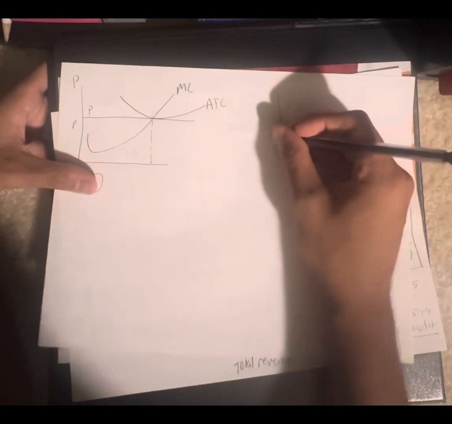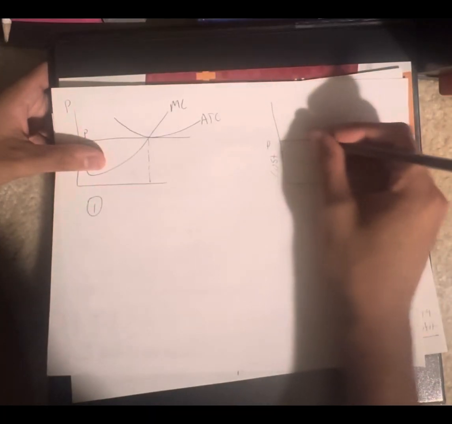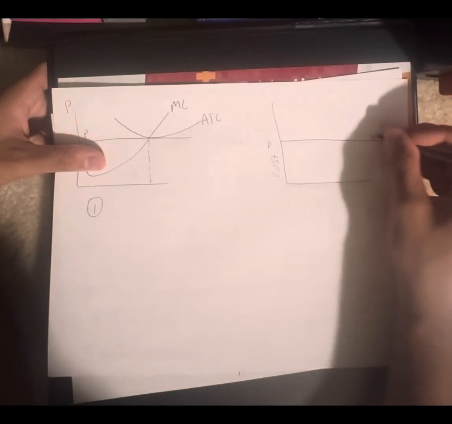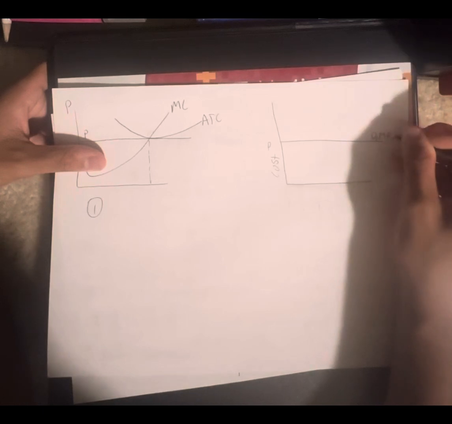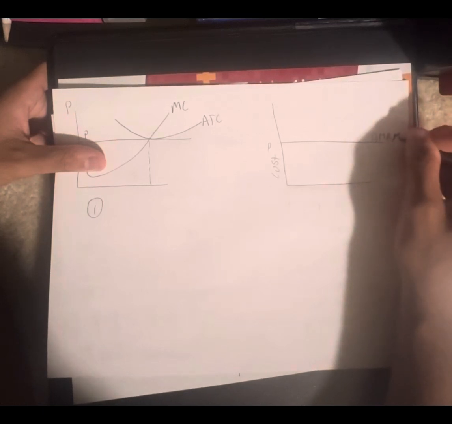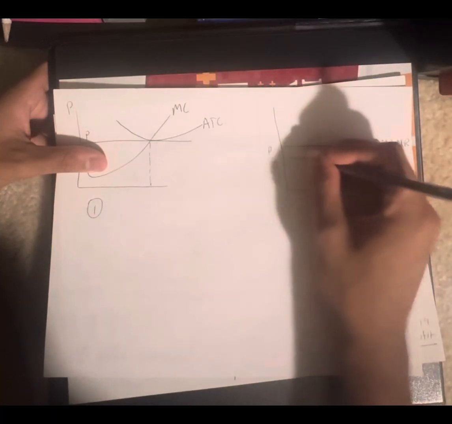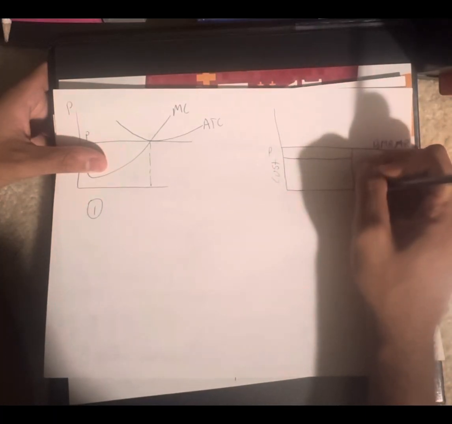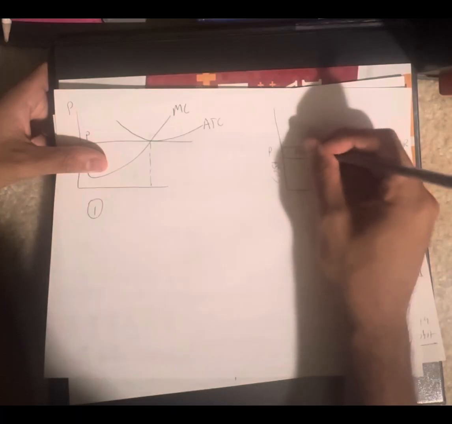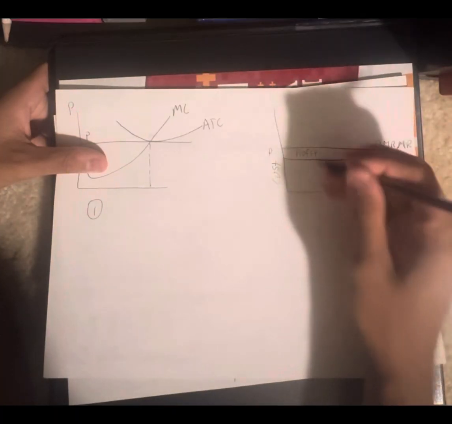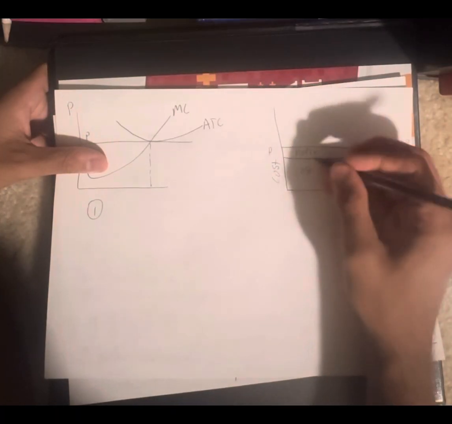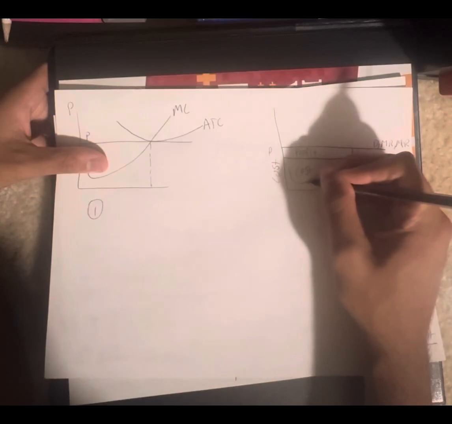Now we're going to be moving on to positive economic profit. It has a horizontal line that's a little bit higher to show that the market price is above the firm's average total cost. It also has a marginal cost curve which intersects the price line at the profit maximizing output. It also has an ATC curve underneath the price at that same quantity.